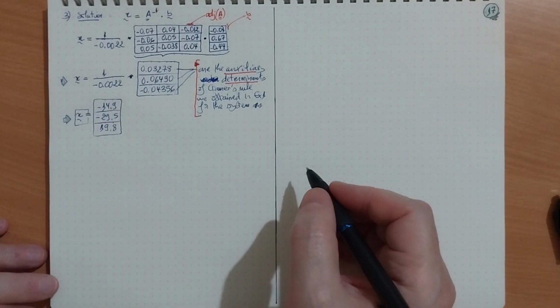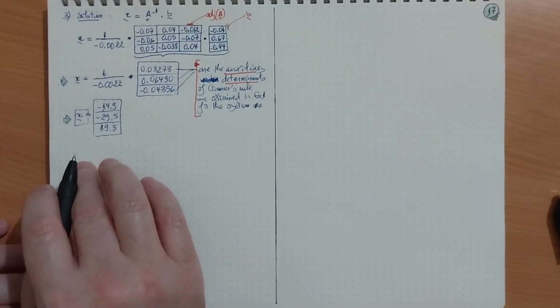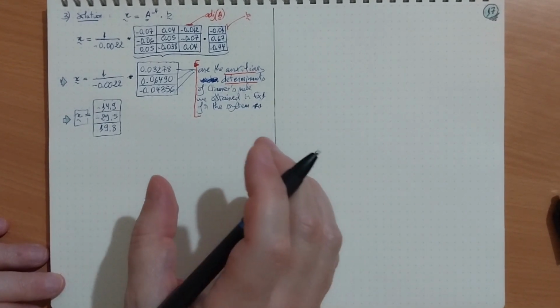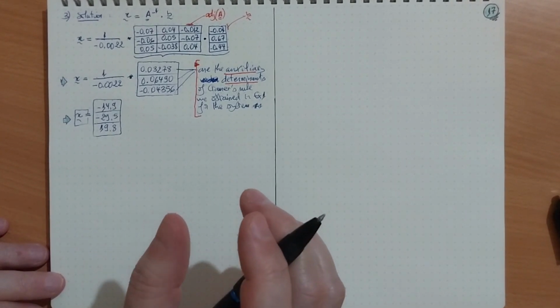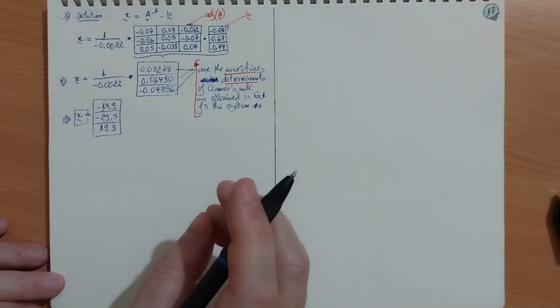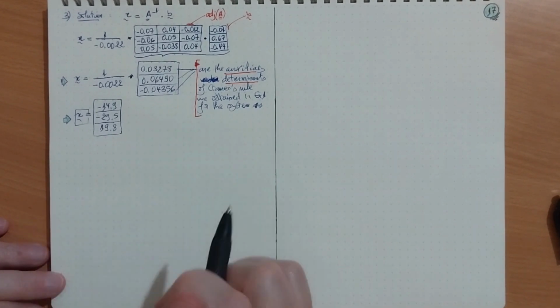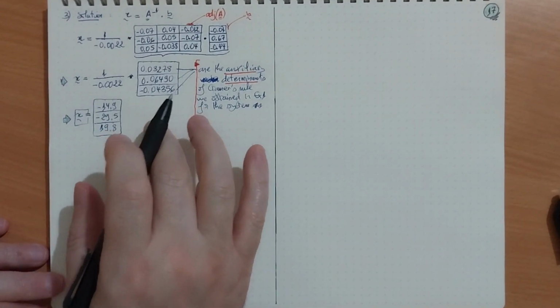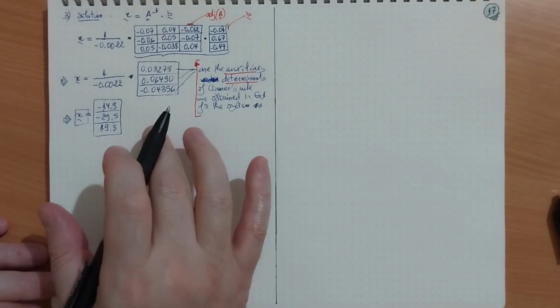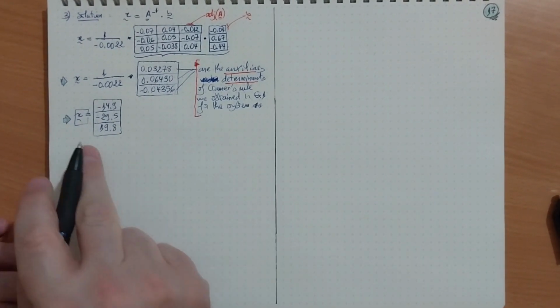For the other systems, I will put the result, and you can check by yourself. You can pick any system, calculate the adjugate matrix, perform the inner product, and then get the result. Exactly the 3 steps we have done for this system. So let's see the result.